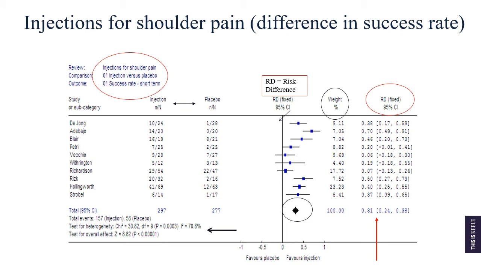If the confidence interval crosses the line of no difference, we say the difference is not statistically significant, although if it doesn't cross, it's statistically significant, though it may not still be a clinically significant difference.